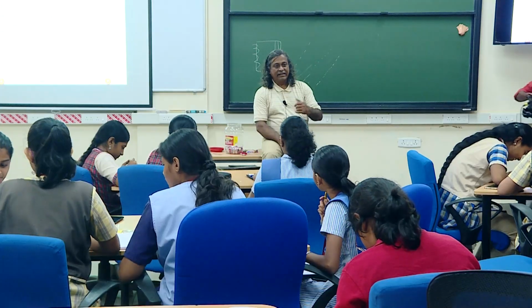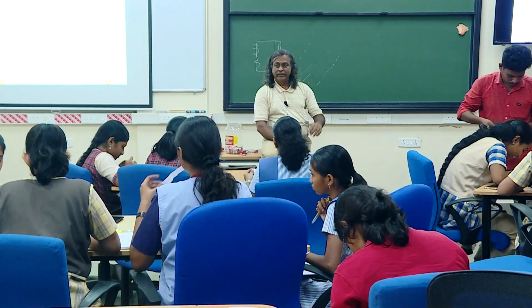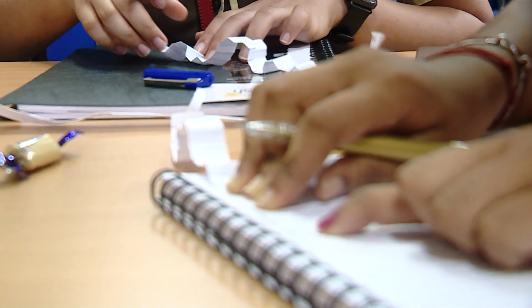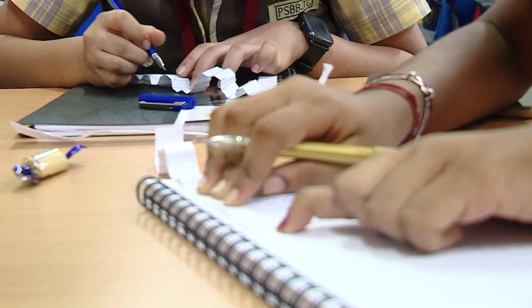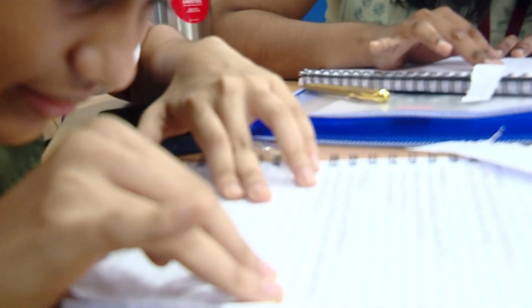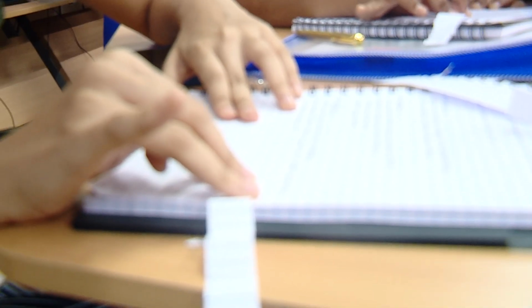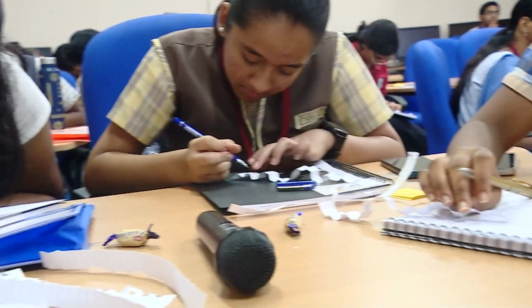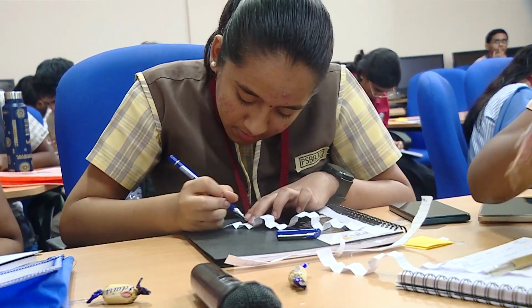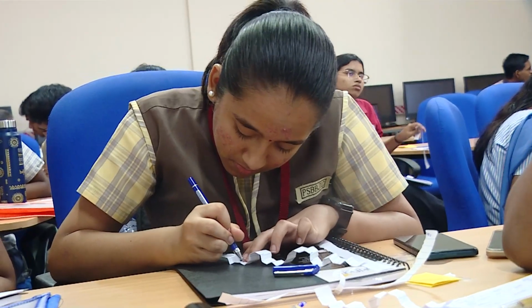If you say exact 10 centimeters, 20 centimeters, 15 centimeters, erase that and mark something else which is arbitrary. 9.9 what? 9.9 and then next digit? 14 point.